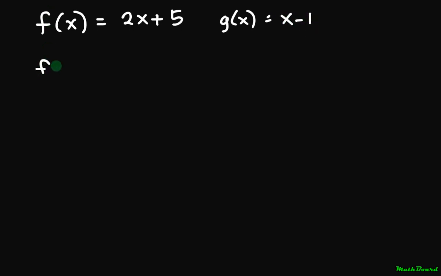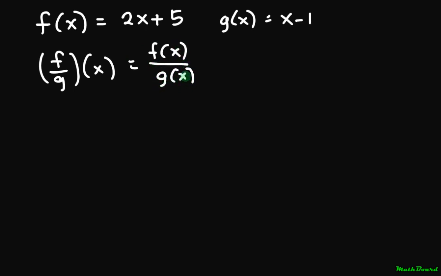So the value of f over g of x is the same as f of x divided by g of x, and that is 2x plus 5 divided by x minus 1. This is already the answer because we cannot simplify this further.